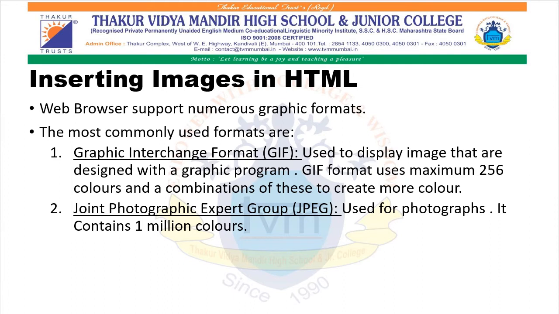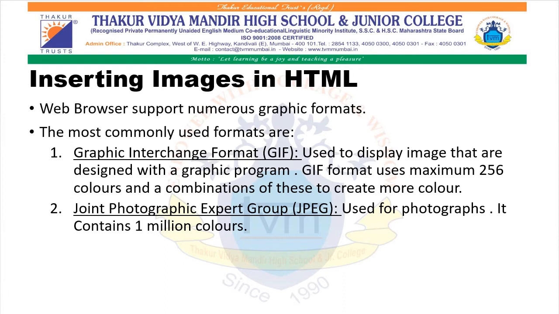GIF is generally a small graphic image which has some motion in the picture or in the character which we are using. Clear? These graphics are made using 256 colors and a combination of those colors.